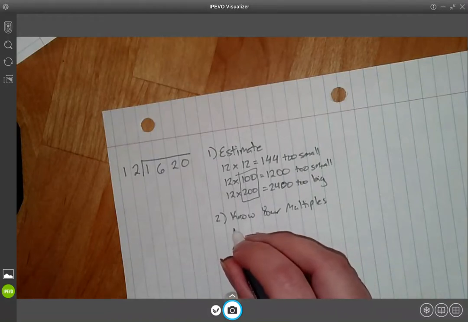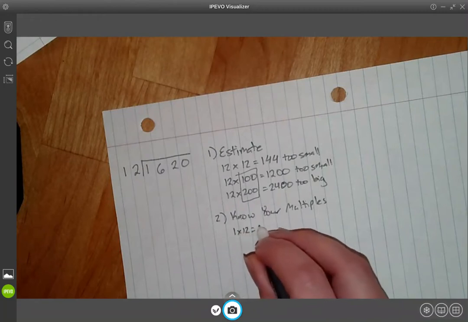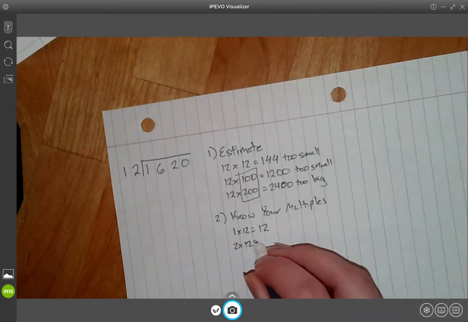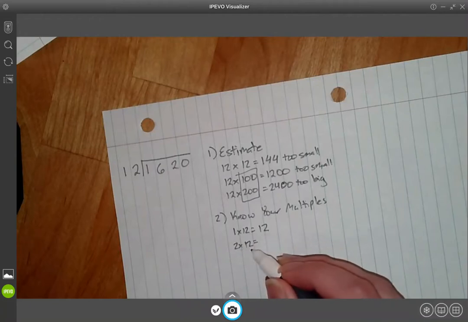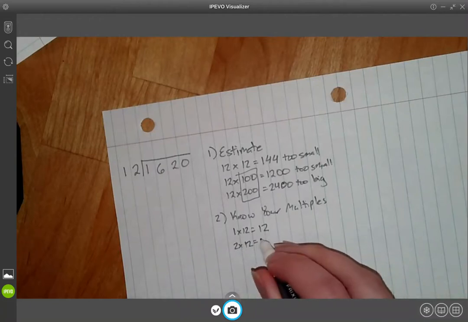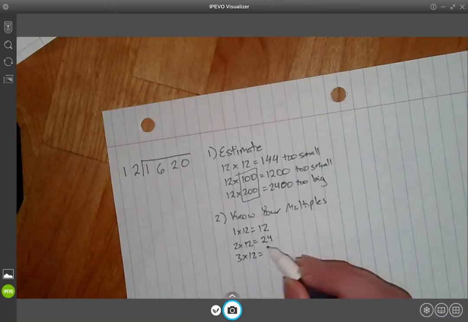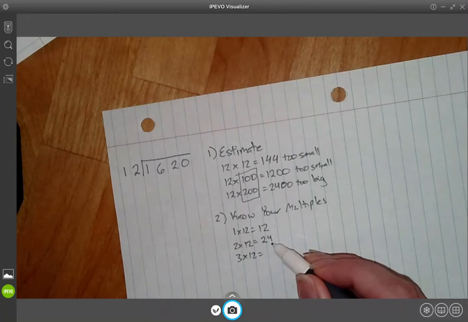So 1 times 12 is 12. 2 times 12 is just two groups of 12. So if I don't know 2 times 12 and I don't have my multiplication table handy, I'm going to think, what's 12 plus 12? 24. And 3 times 12. Again, if I don't know that off the top of my head, I can add another group of 12. Multiplication is just repeated addition.